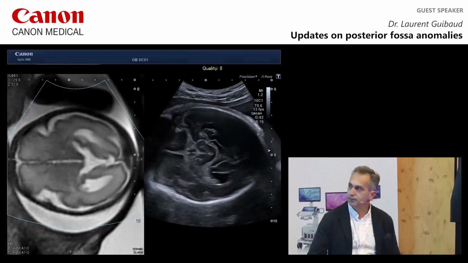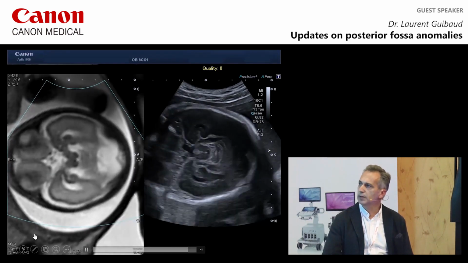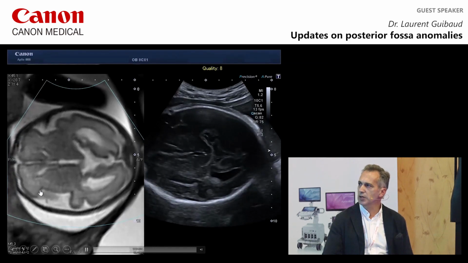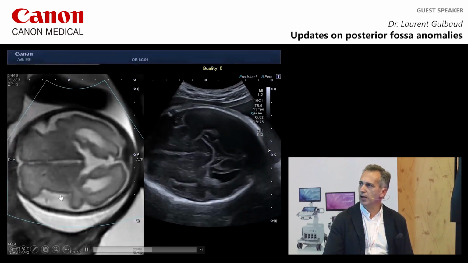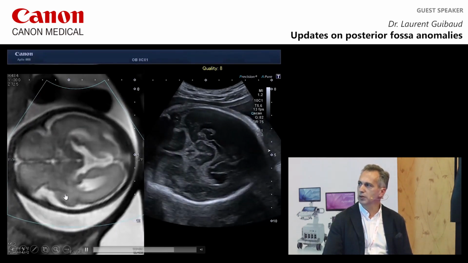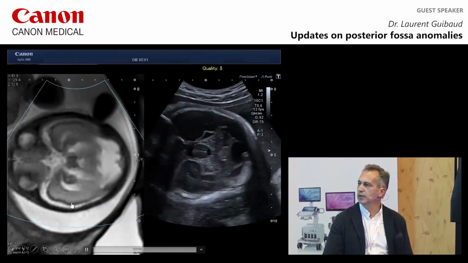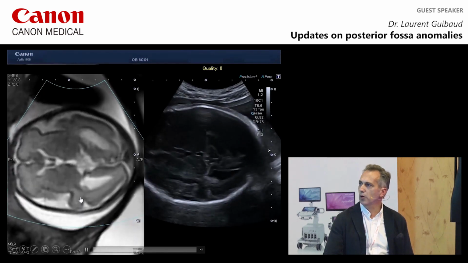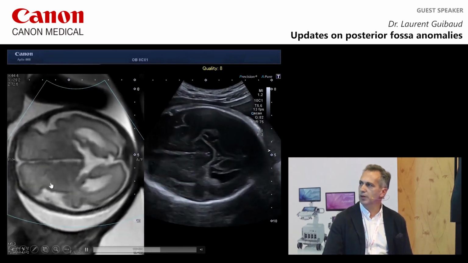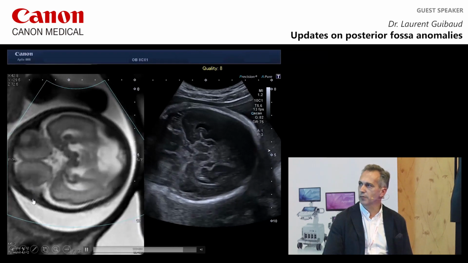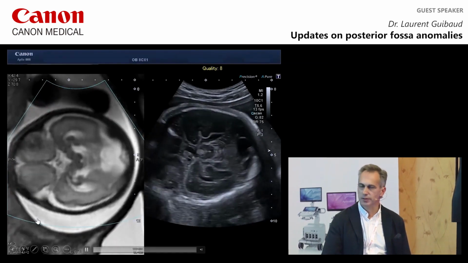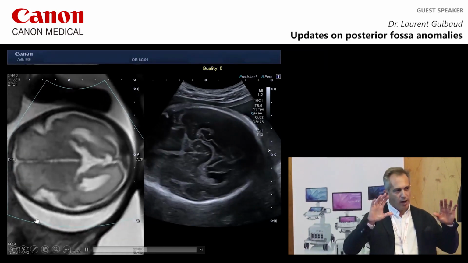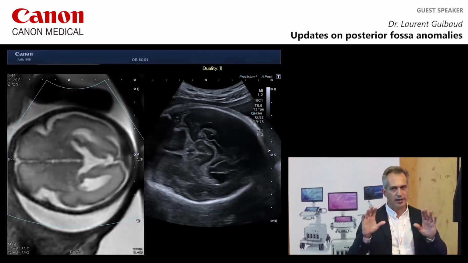You can see here that you have the insula, and this insula is covered halfway by the temporal lobes. You have also here the superior temporal sulcus, and this is a pattern which is typical of a patient at 28 weeks of gestation. And you can do this analysis on ultrasound and MR.